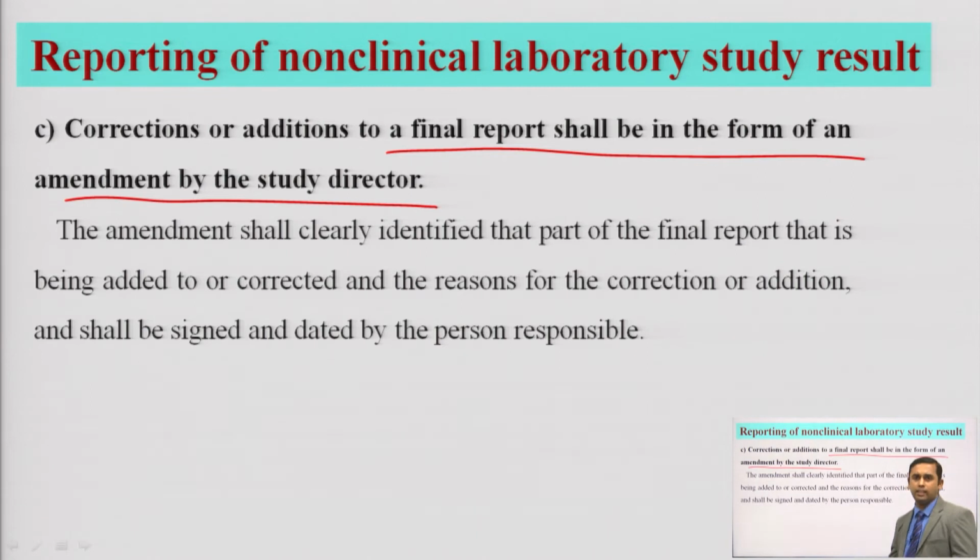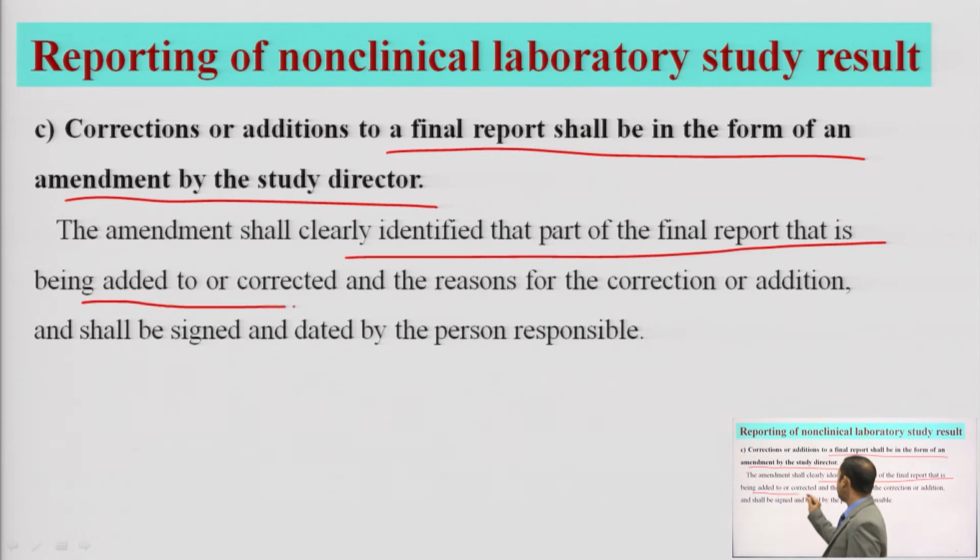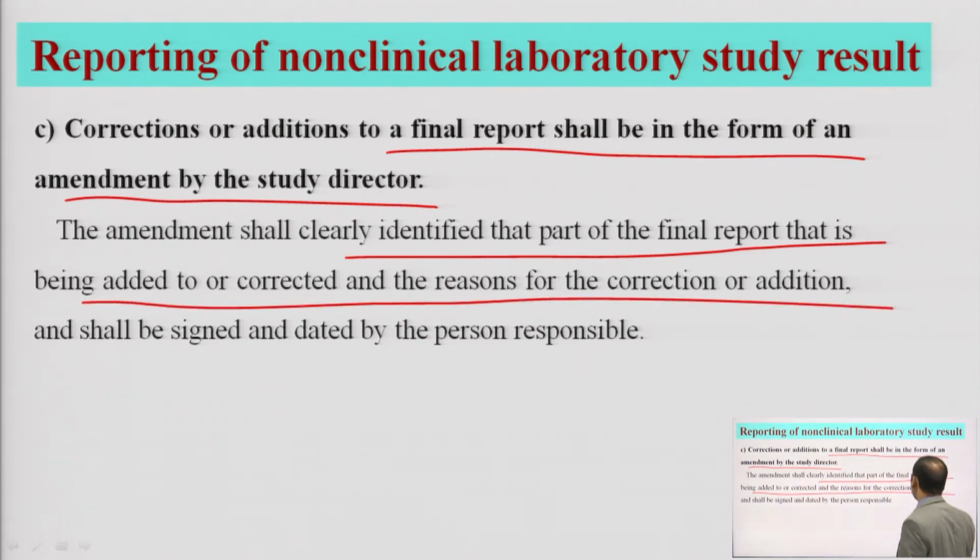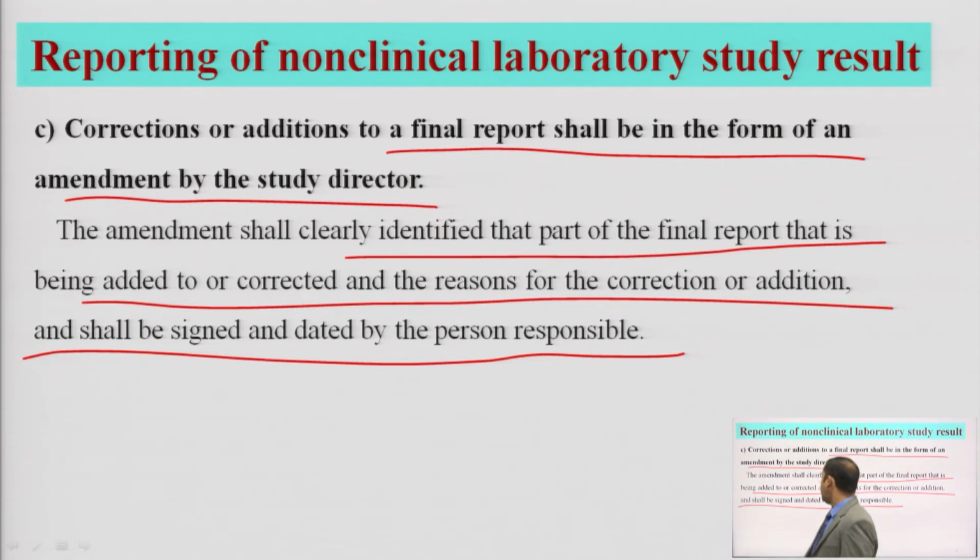In case any correction is required, or something should be added, the amendment shall clearly identify the part of the final report that is being added to or corrected, and the reasons for the correction or addition shall be signed and dated by the person responsible. Also, after submission, in some cases the director tries to amend or change some reports, because in some cases it is actually necessary.